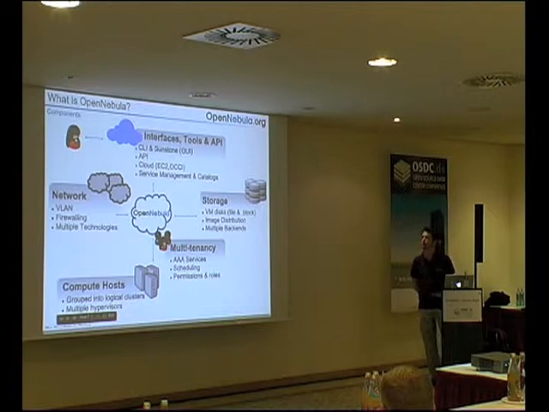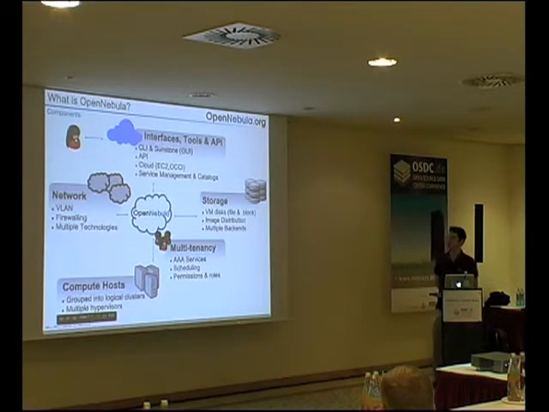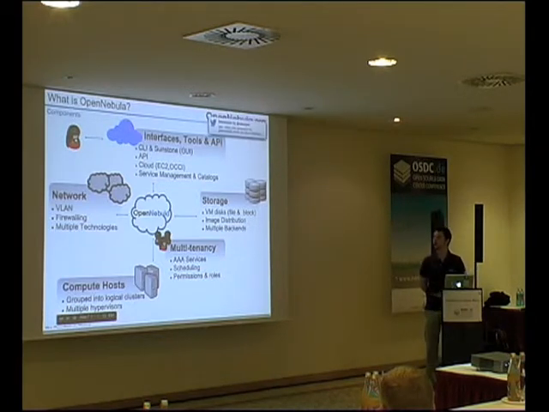And there are other components like the OpenNebula apps that give you the ability to do service management and also image catalog distribution across different OpenNebula instances. Other components that OpenNebula can manage are the network, so it can help you build VLANs across your virtual machines.